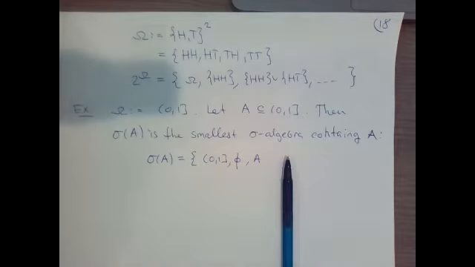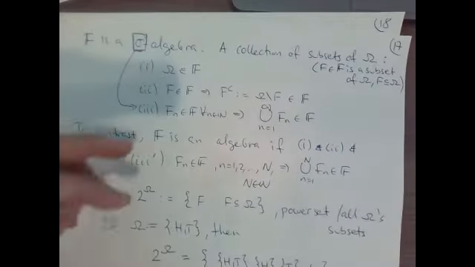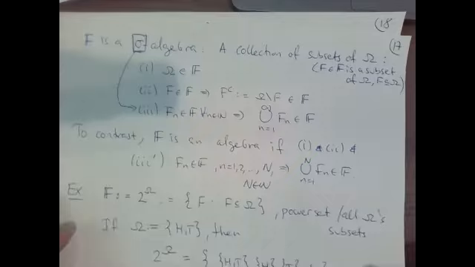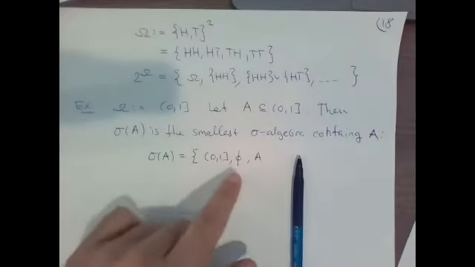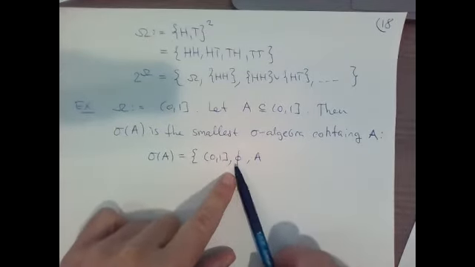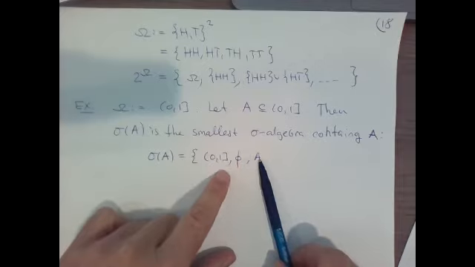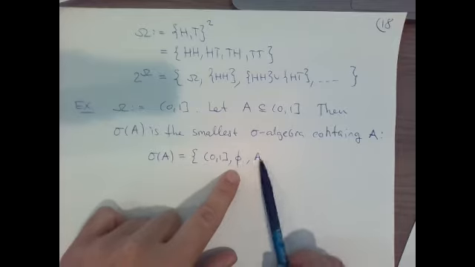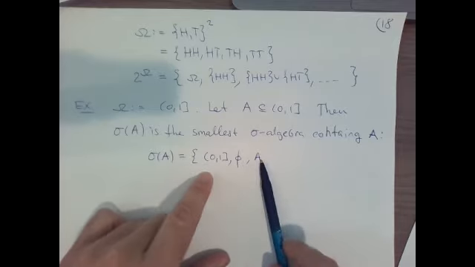Well, for it to be a sigma algebra, we have to have properties 1, 2, and 3. So we have omega. What about unions? If I start taking unions of things in here, I take A union the empty set. Is that in there? Yeah, A union the empty set is going to be A.